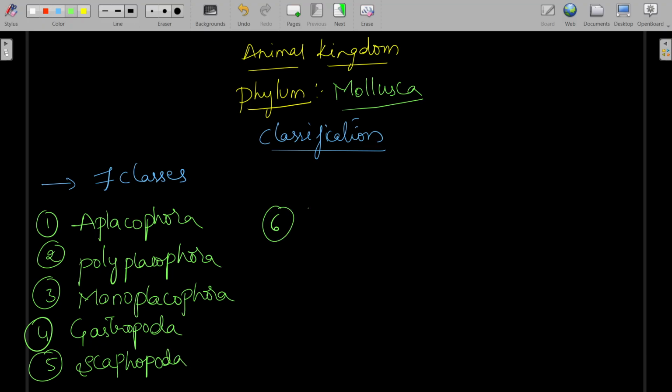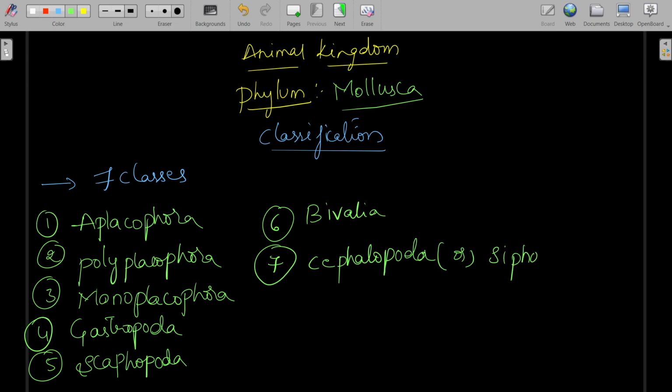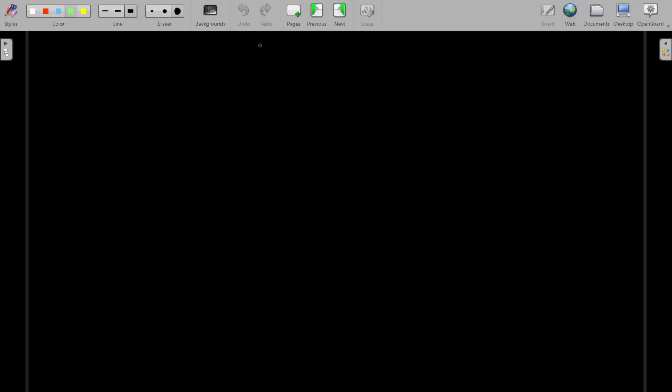Sixth class is Bivalvia. The seventh, the last class, is Cephalopoda, which can also be called Siphonopoda. Okay, so let's discuss the first class, Aplacophora.